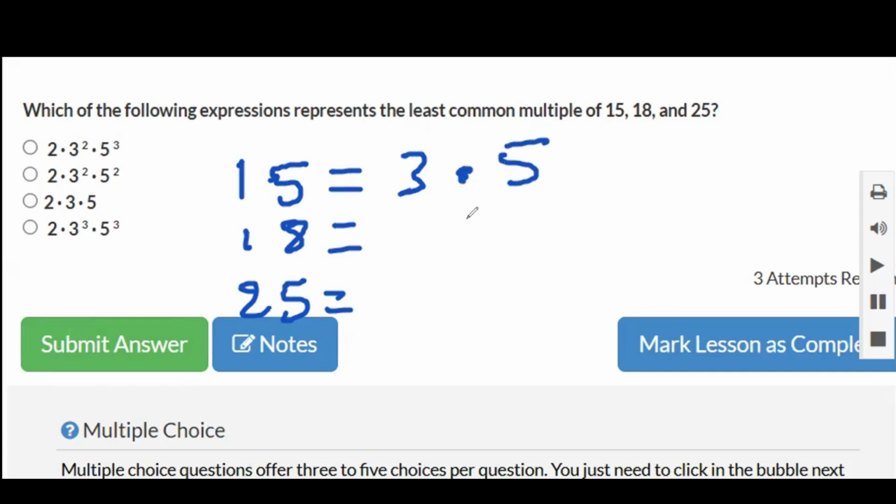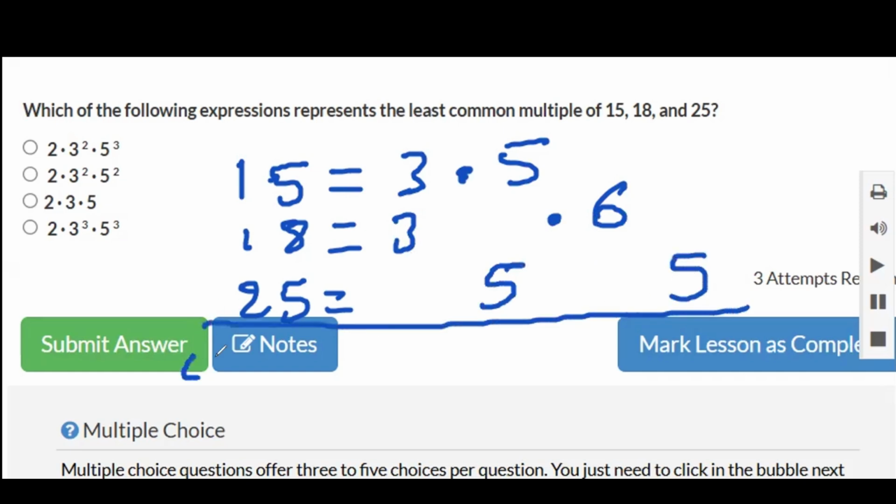Then 18 would be 3 times 6. And 25 is 5 times 5. So the least common multiple is?